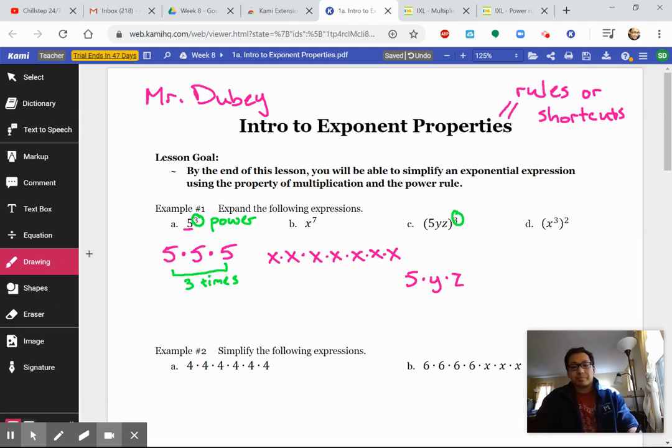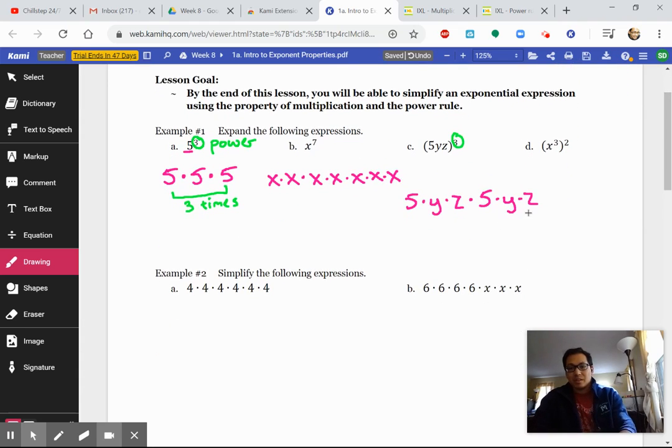That means we're going to multiply all of this stuff by itself 3 times. So 5 times y times z, times itself again, 5 times y times z, I'm going to have to move this one down a little bit, that's fine, times 5 times y times z. Okay, we'll come back to this later. I'm just trying to expand everything out right now.